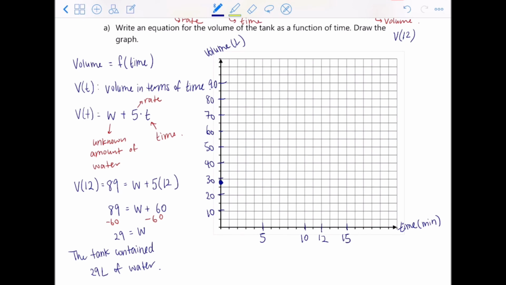So 12 all the way up, and 89 is right here. Okay, so we can connect those 2 points. And the arrow is only on one side. Finalize our equation. So volume in terms of time equals 5t plus W, which was 29. So this is the equation.